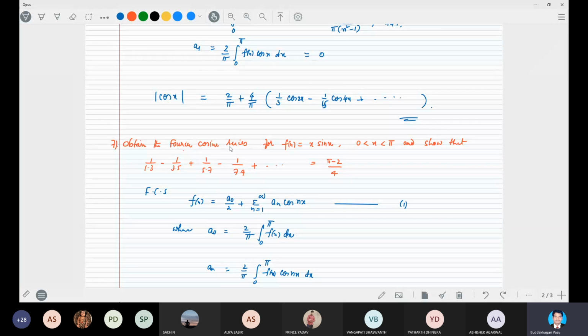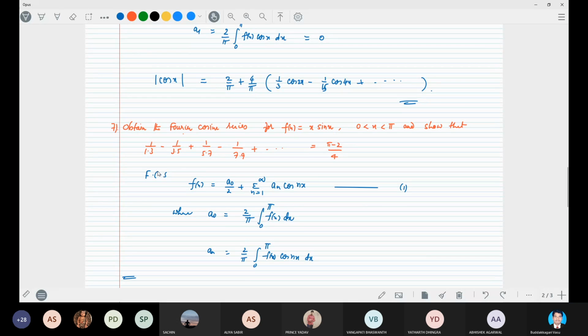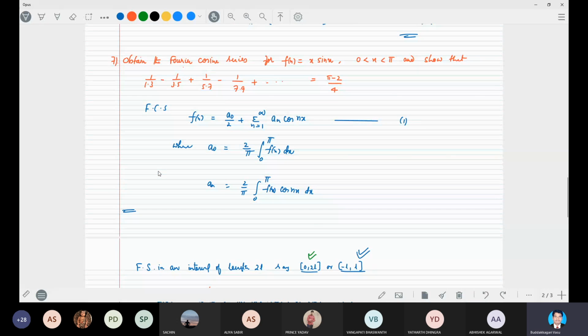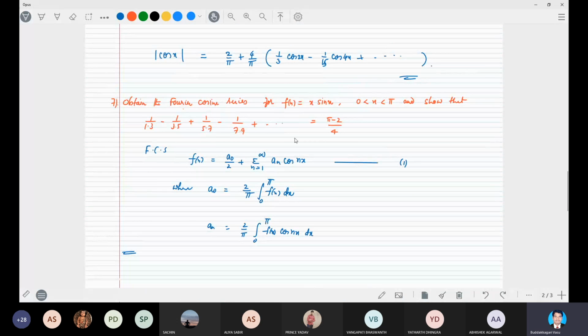This one is to find the Fourier cosine series in the interval 0 to pi. Okay, and hence show the sum of this series. Can you do this one? Here you see, do this problem right now.